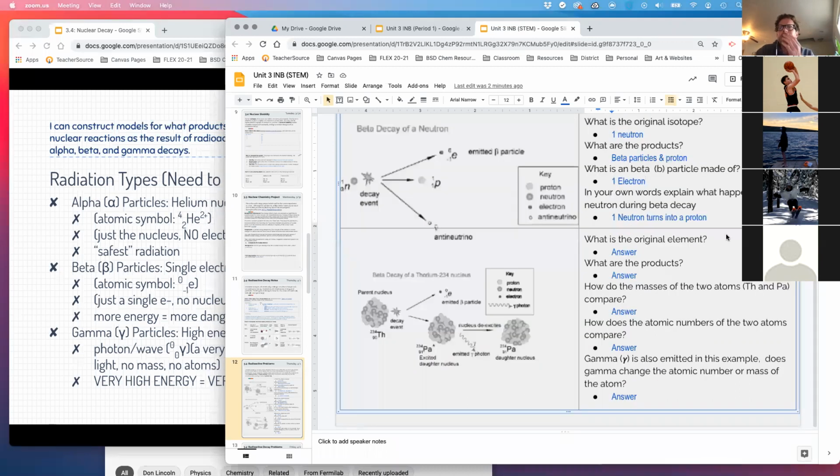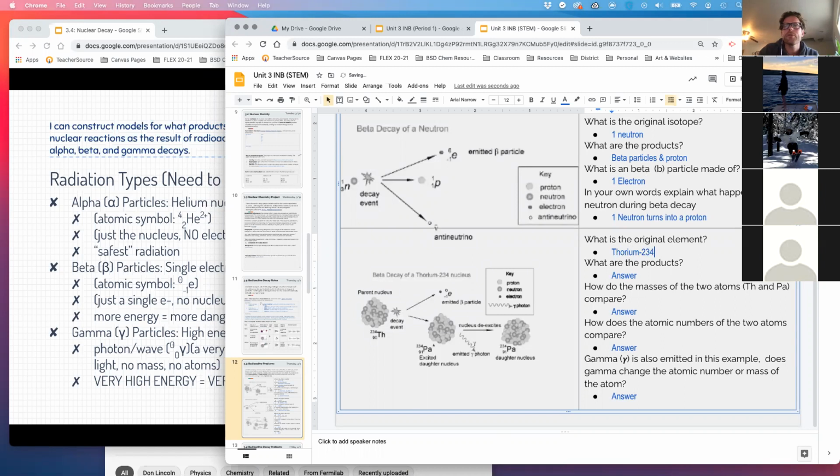And then in this last one, this kind of just shows you that these happen in series, like what I just described. If we start with thorium-234, it emits a beta, and then it also has some Pa-234, all right? How do the masses compare?